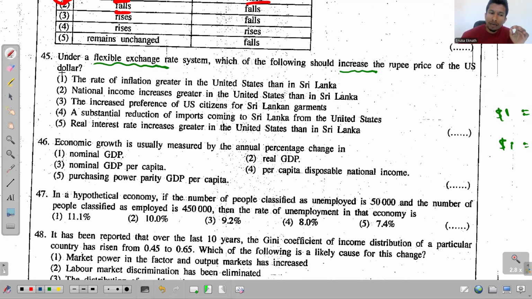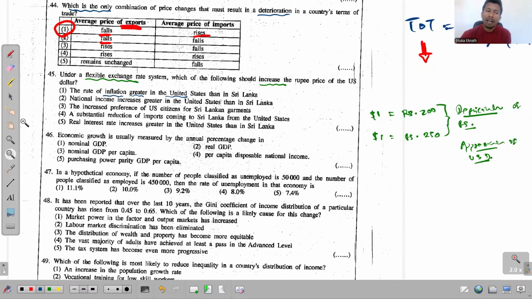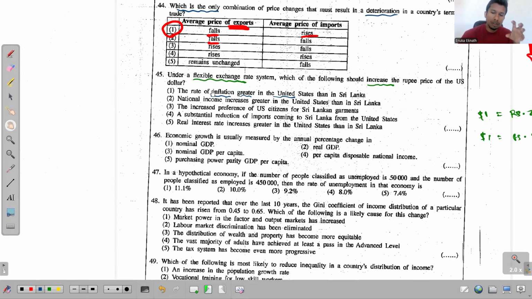Right, in question 45, option 1, it says the rate of inflation is greater in USA than in Sri Lanka, which means the domestic inflation in America is very high compared to that of Sri Lanka. Right, then what will happen? Then these American goods will be expensive for the citizens, so that they will prefer to import Sri Lankan goods to America and to consume them. So what will happen due to this inflation in America?